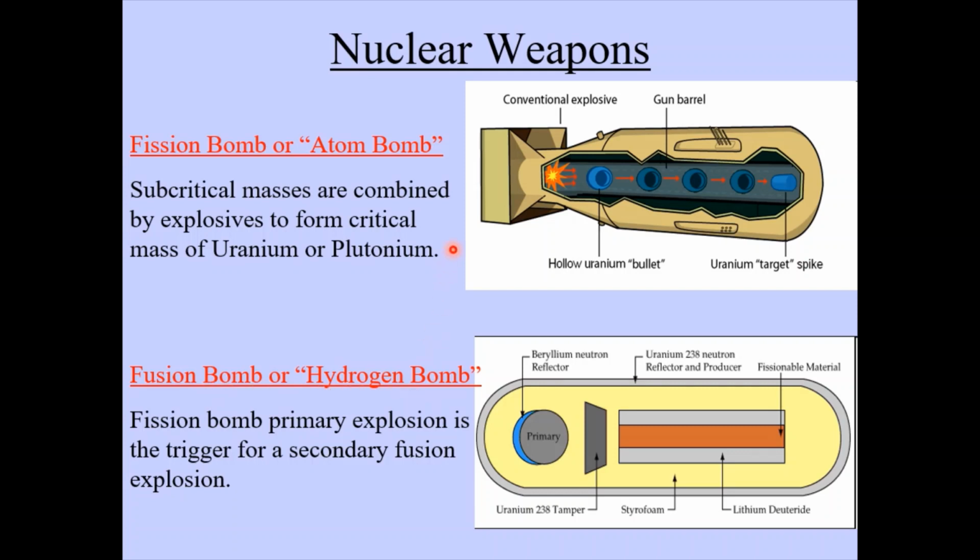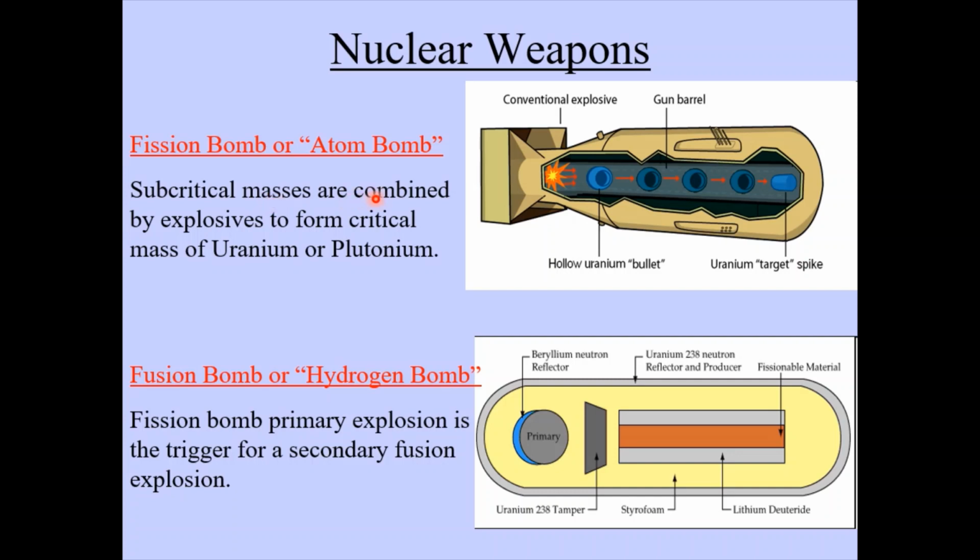Just really briefly, in the fission bomb, there are a couple different ways to do this, but they take two subcritical masses of fuel, usually uranium or plutonium, and they combine those two. Remember, subcritical means these pieces are less than the critical mass needed for a reaction to occur. But when they're combined together, they now become supercritical, meaning they're more than the critical mass needed.